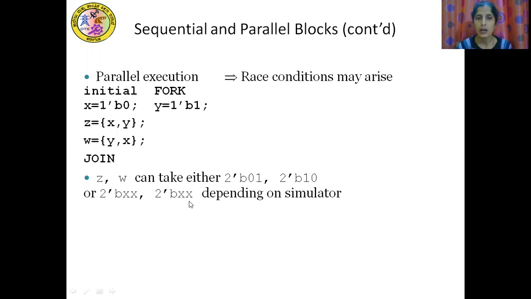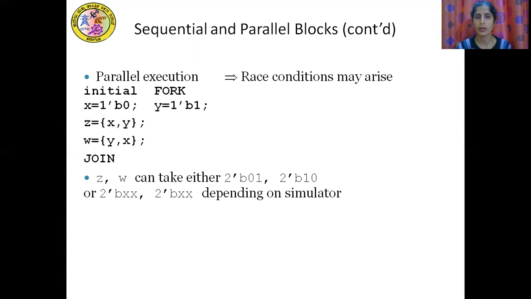So this is called a race condition. This is not a problem of fork and join, but it is a problem with respect to the simulator. So parallel blocks will give rise to race conditions as shown in this example.